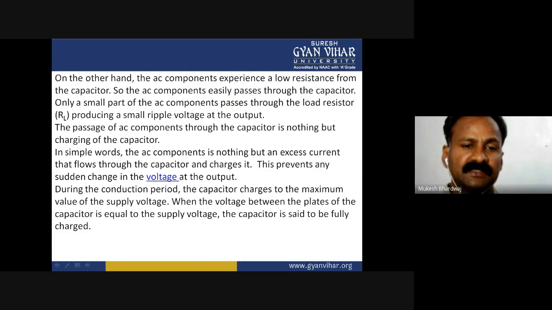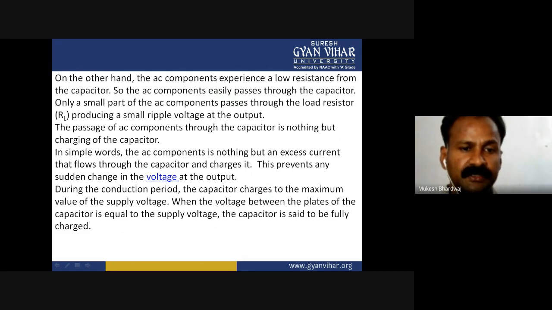The passage of the AC component through the capacitor is nothing but charging of the capacitor. In simple words, the AC component is an excess current that flows through the capacitor and charges it. This prevents any sudden change in the voltage at the output.